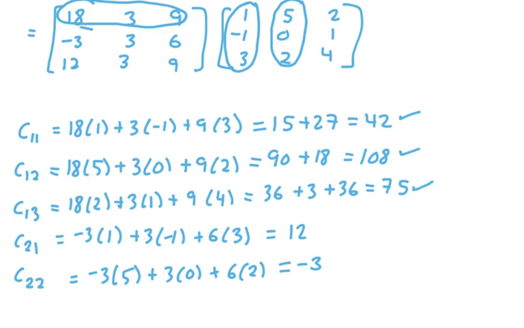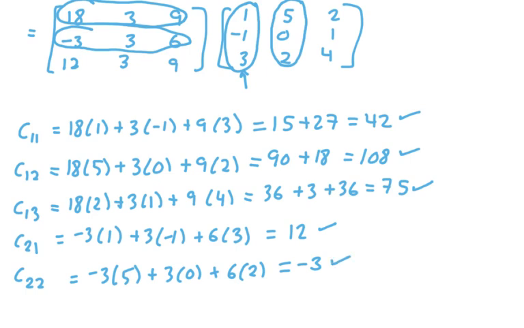C21, so I'm looking at the second row here, dotted with the first column over here. That's negative 3 times 1 plus 3 times negative 1 plus 6 times 3. I get 12. C22 is negative 3 times 5 plus 3 times 0 plus 6 times 2.